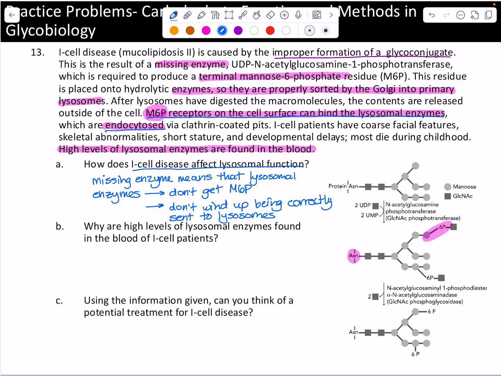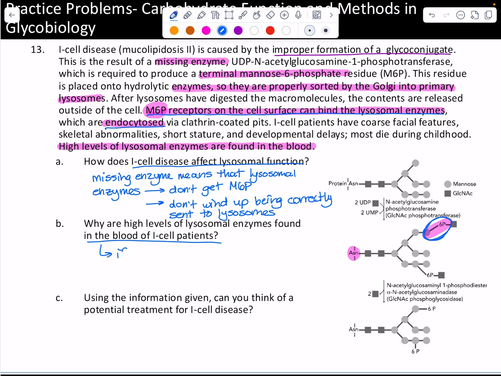So if these enzymes that need to be tagged with this sugar right here don't go into the lysosome, where are they going to go? Well, they wind up getting exported into the blood. So if they're not targeted to the lysosome, they get released into the blood.